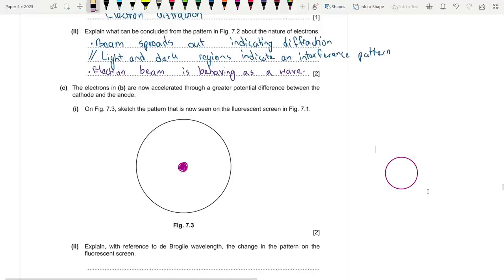So just give multiple concentric circles, but they will have wavelength less than before. Sorry, I overcomplicated things. I did not get it at first.